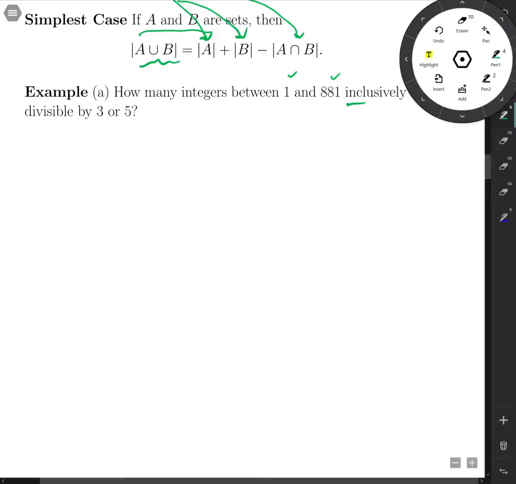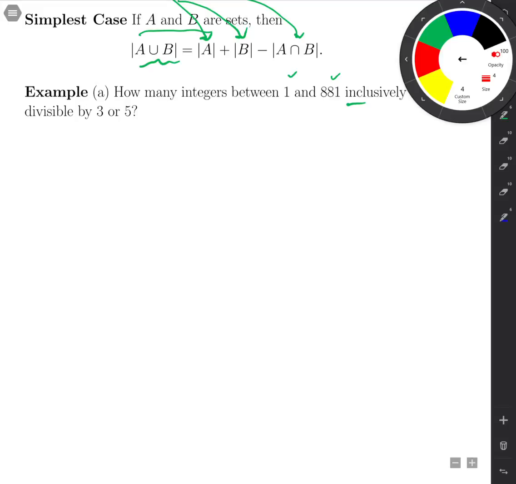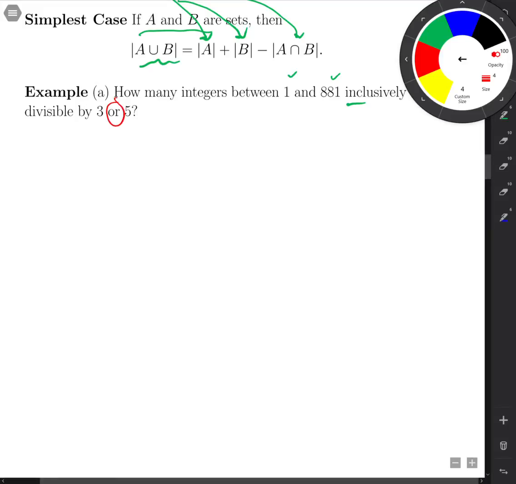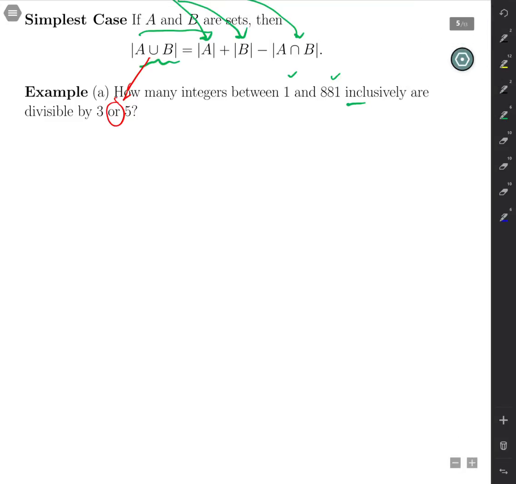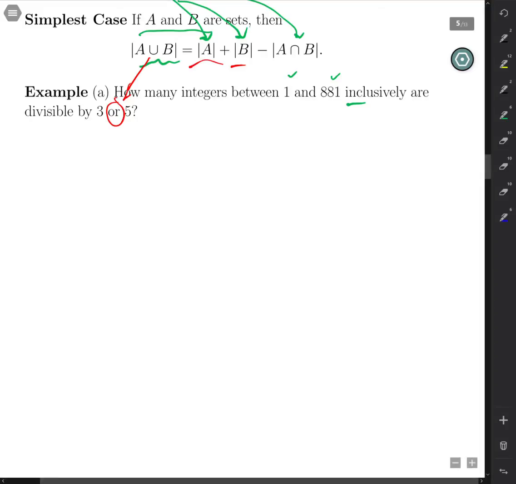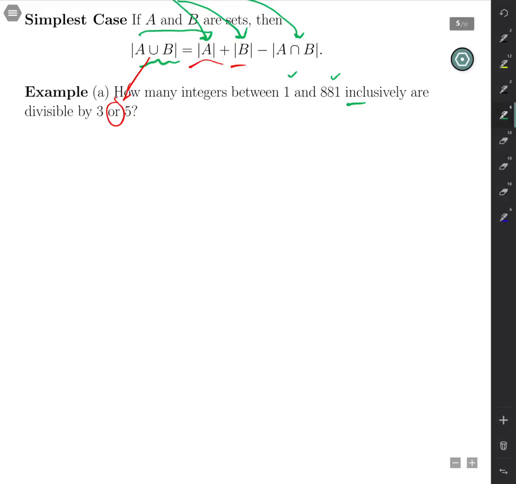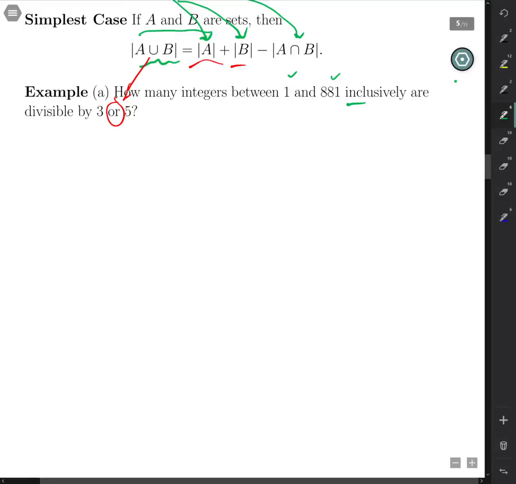Now here, the "or" is what means we're taking a union. That's the part that tells us that we're dealing with a union. So what we're going to do is count them individually first, just like we did up here, and then count them according to the number in the intersection. So we'll do that here in just a second.